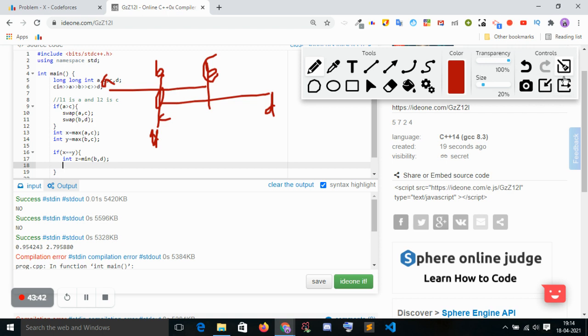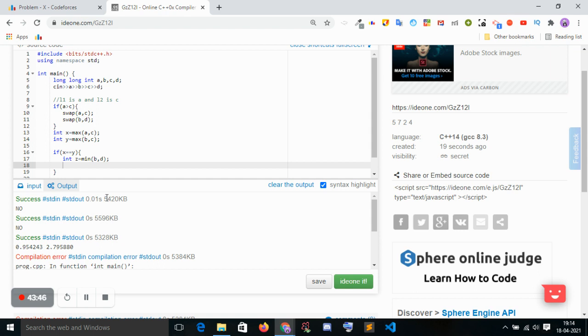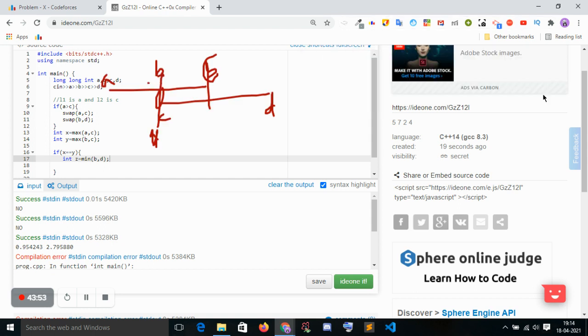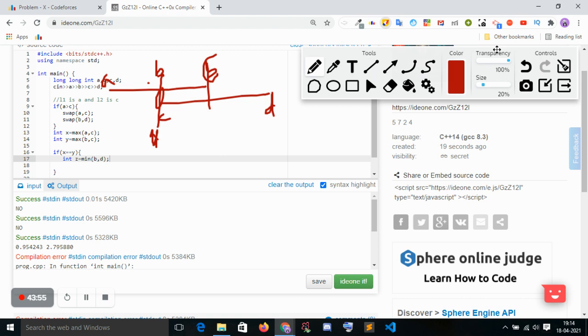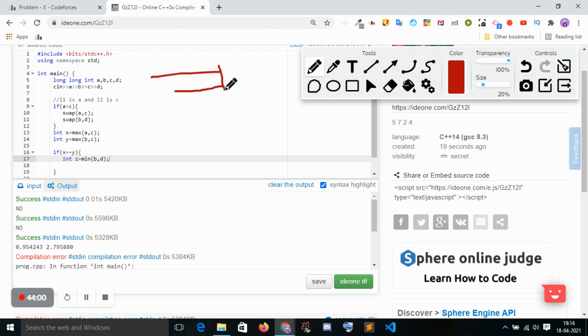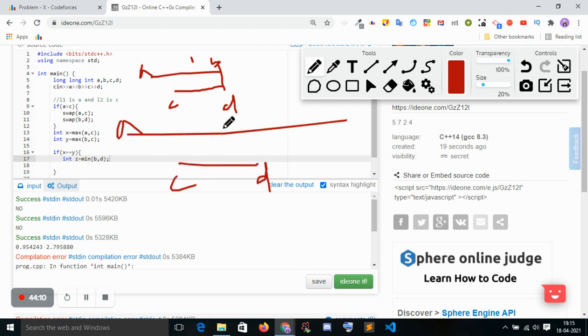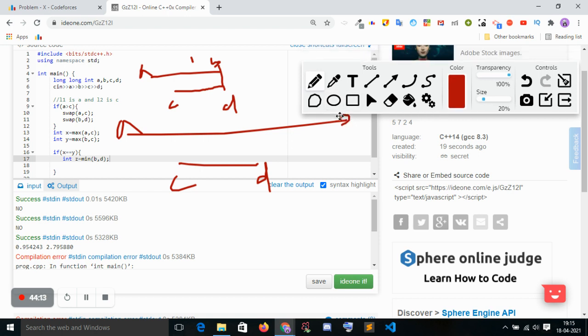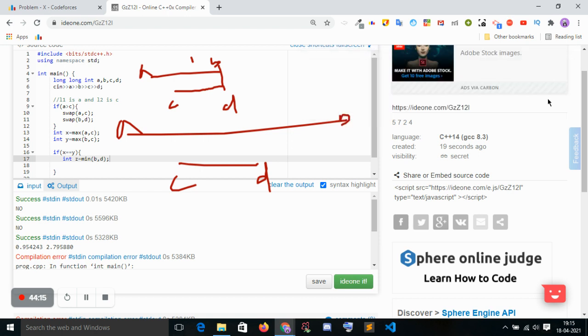Okay, give me time. So we need to find whether B or D is the minimum, because there is a possibility it can be just like that, B, C comma D, or it can be C comma D, A comma B. A or C, we can find C is maximum.